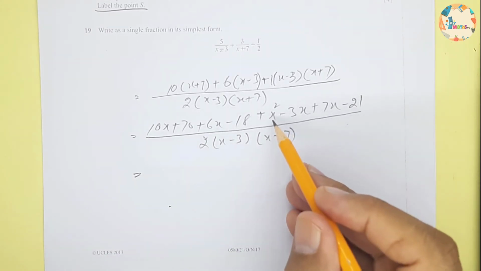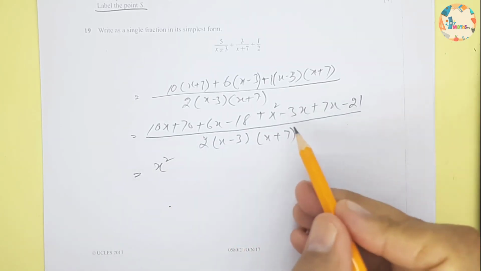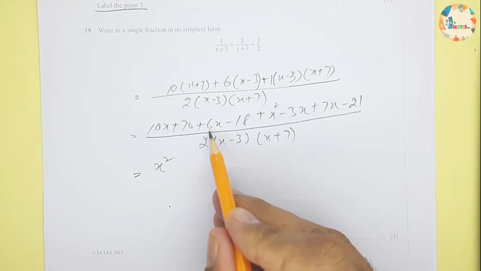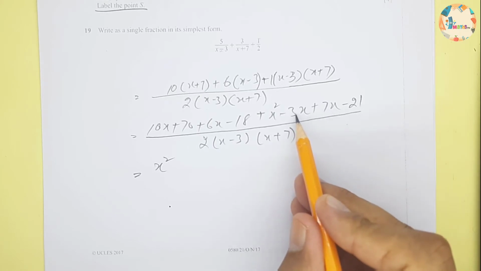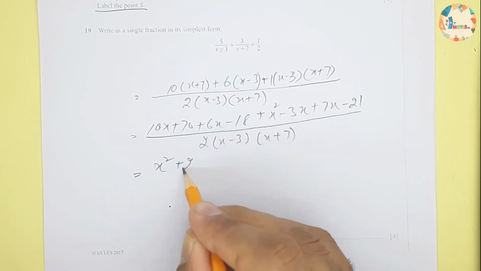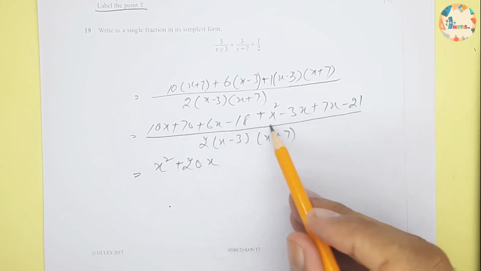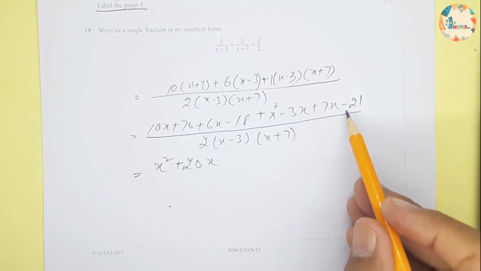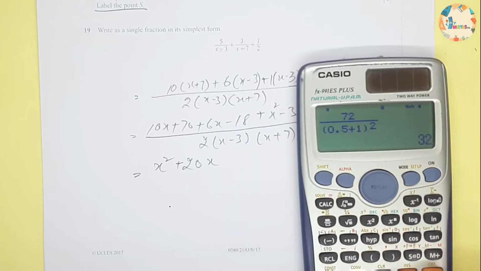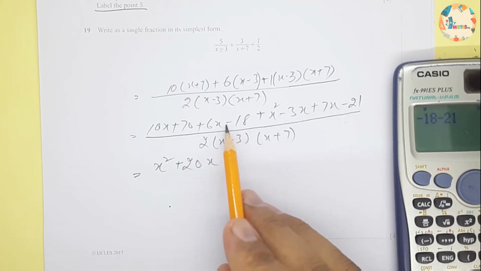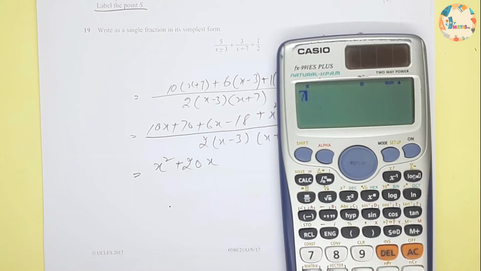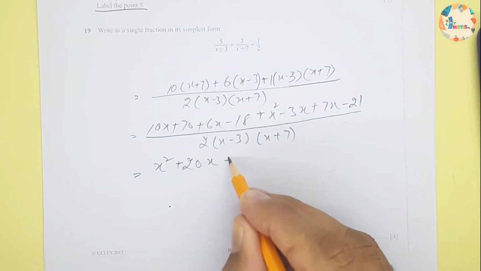So x square will be first this one, then we'll check for x values. 10x plus 6x will be 16x, and this will be 4x, so 16 plus 4 will be 20, so plus 20x, and constants will be minus 18 and minus 21, so minus 18 minus 21 will be giving us minus 39, and 70, so 70 plus answer will be giving us 31, so plus 31.